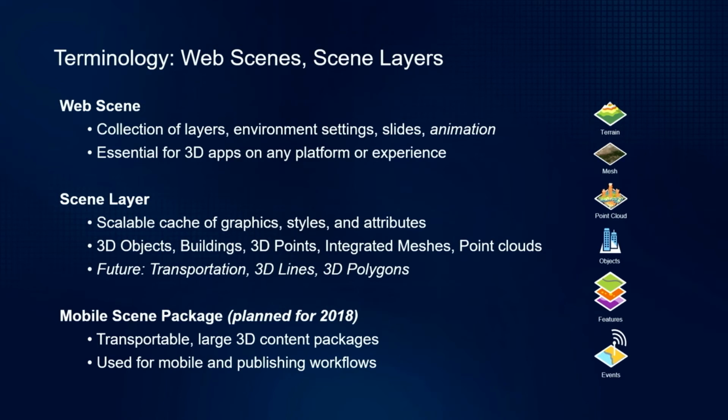But at some point before I got to Esri, they made a distinction between 2D and 3D, and so we have web maps and we have web scenes. Web scenes and web maps aren't perfectly equivalent, but they're increasingly equivalent, and some of it is just generational. There's new stuff we're doing in web scenes that didn't exist in web maps, but web maps have a longer history, so there's a little bit more functionality there in some cases.